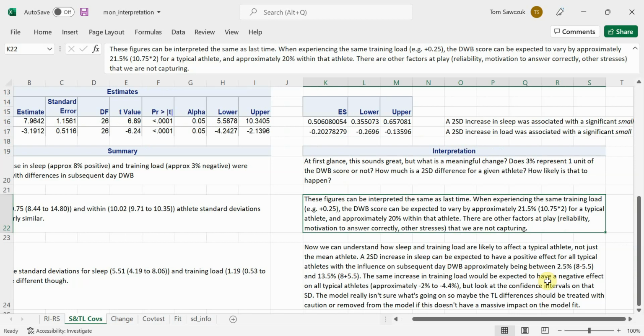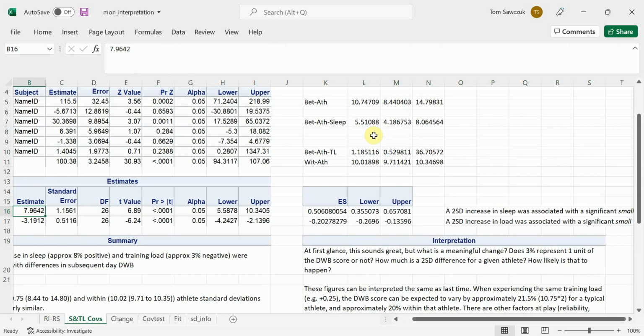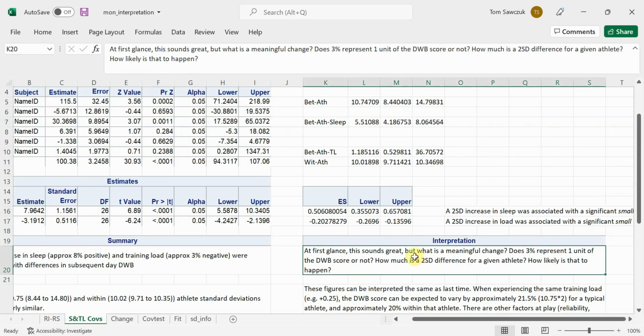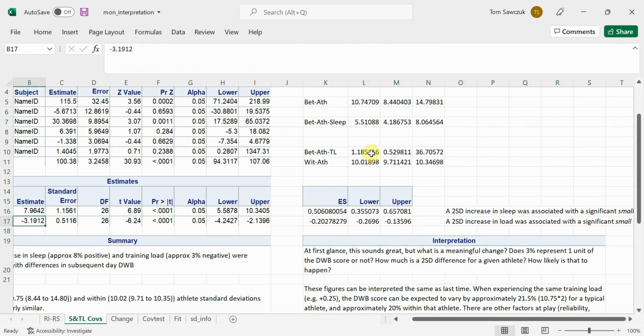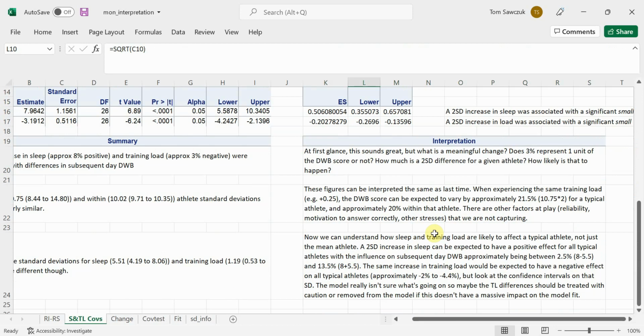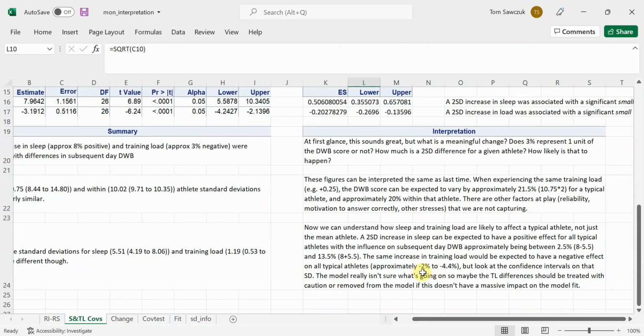And we do the same thing to get the typical athlete's response to a 2SD increase in sleep, as we did in the last video, which is just add and subtract the between athlete standard deviation from the mean estimate, which is here and here. Do the same thing for training load for the -3 and the 1.18, which gives us approximately -2% to -4%.